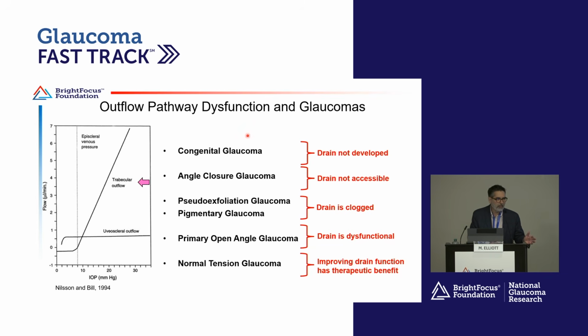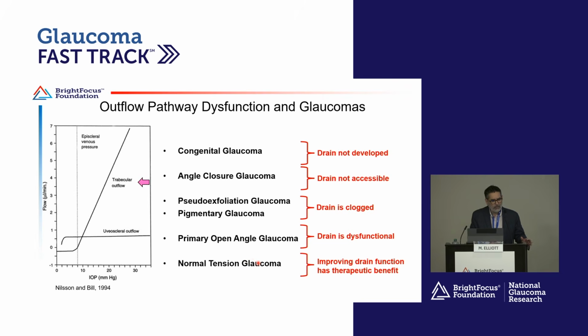So congenital glaucomas, the drain is not developed or doesn't develop properly. Angle closure, the drain is not accessible. Pseudoexfoliation, pigmentary glaucomas, and others, the drain may be clogged with debris. In primary open-angle glaucoma, as we just heard about, the drain is open, but the drain itself may be dysfunctional. And we have to find ways to model this.